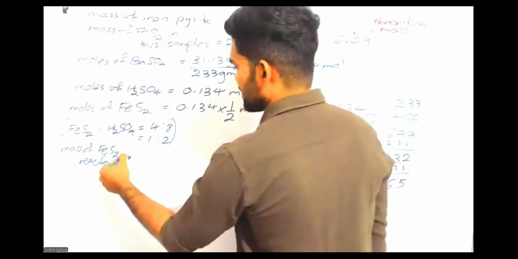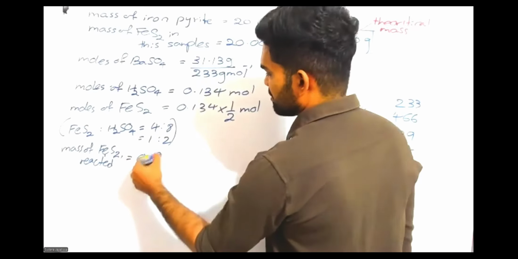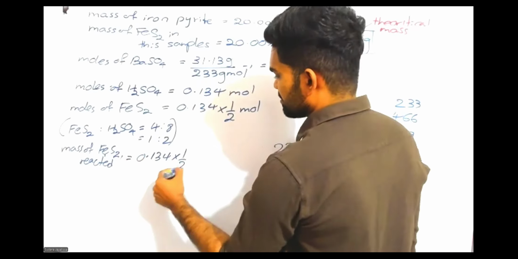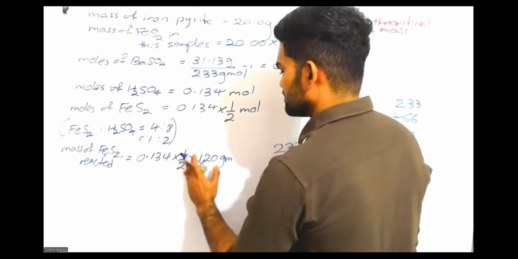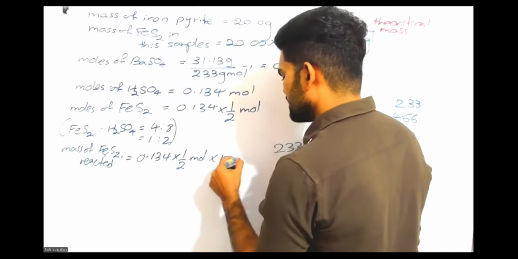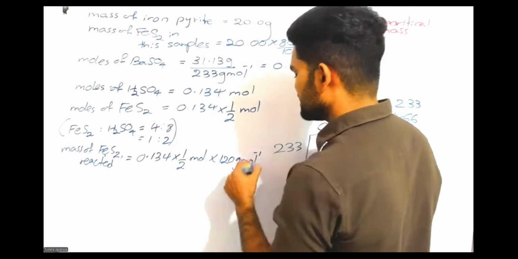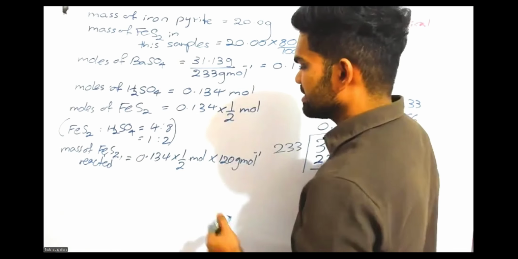So that one you can find out by multiplying by its molar mass. 0.134 into half into 120 grams per mole. So this one is in moles. You are multiplying that one by 120 grams per mole. Apply units as much as possible, okay? And then you can simplify and see.